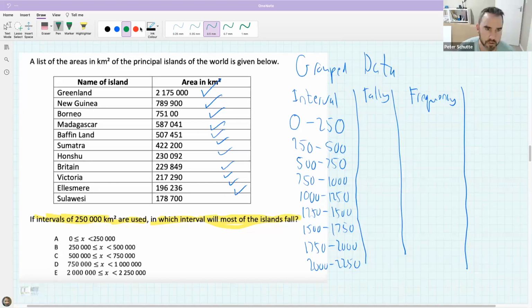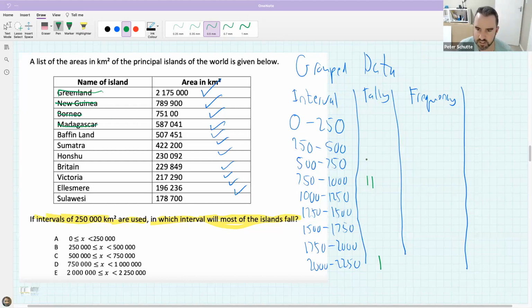Okay. So what I'm going to do is Greenland is going to get a tick down here because that's done. Then New Guinea, 789, where is 789? It's going to have to be here. So there's New Guinea. Borneo, 751. So that's also going to get there. Madagascar, 587.